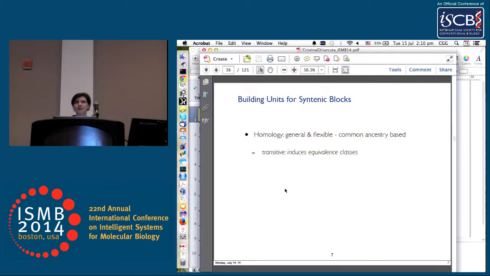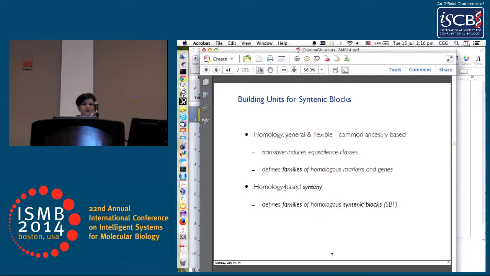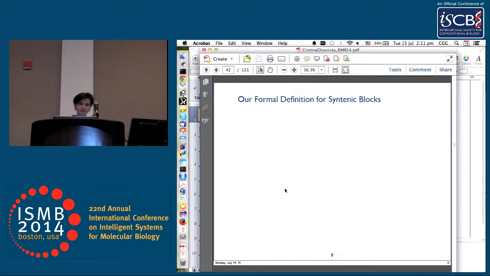That is, we can define families of homologous markers and genes, and if we define synteny in terms of homology, it will automatically benefit from the properties of homology. In the same vein, we can define families of homologous syntenic blocks. Now this notion I will be using quite often throughout this presentation.